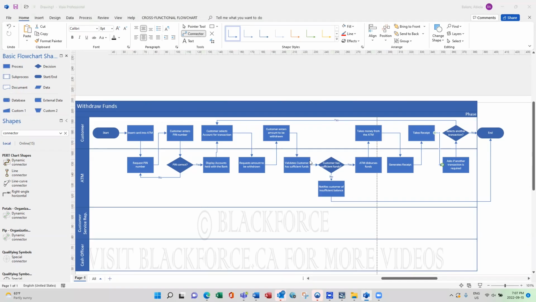Okay, it depends. Tito, I'm not sure what you're referring to here. So we add no to the, yes, you add no to the connector. I'm guessing that's what you're referring to. If it's a decision, you have two arrows coming out of it. One arrow, you type yes into it. The other one, you type no into it.